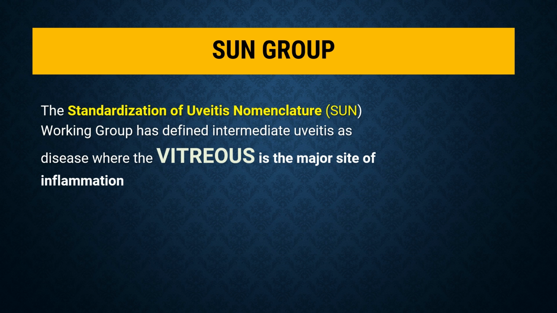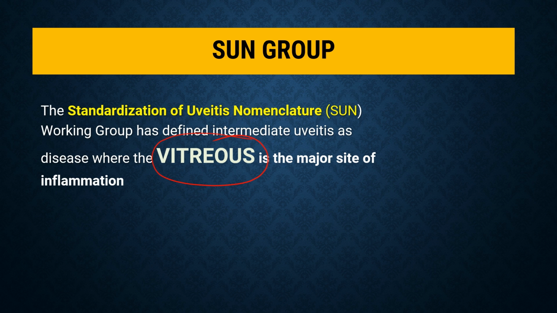So I hope that is clear. So, what about the SUN group? The SUN group, the Standardization of Uveitis Nomenclature working group, however, defines intermediate uveitis as a disease where the major site of inflammation is the vitreous.